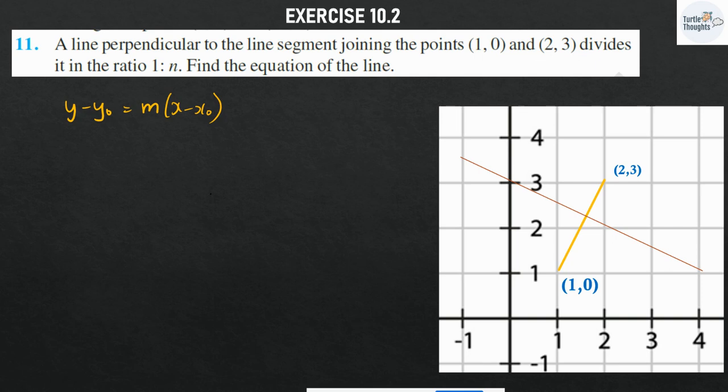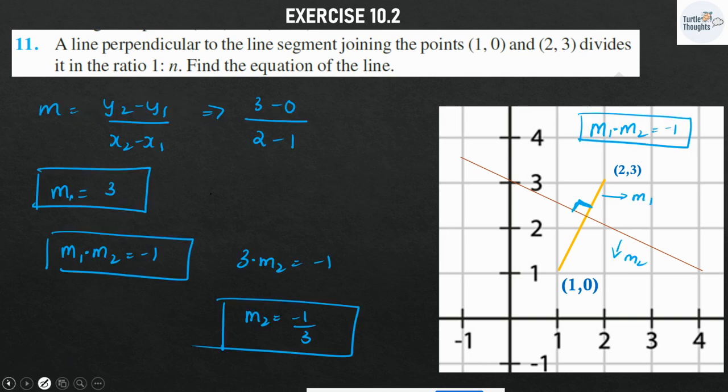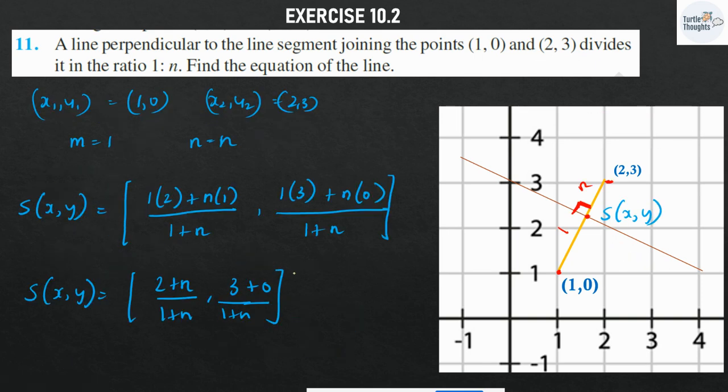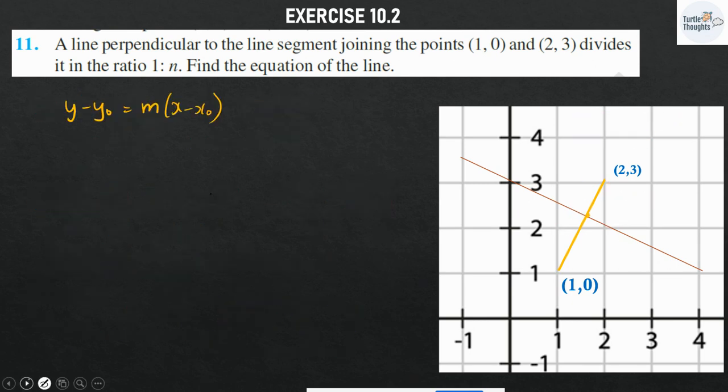What is the point which we have got? This is the point, right? So this point over here, which is our point s. I have to substitute the same thing over here.